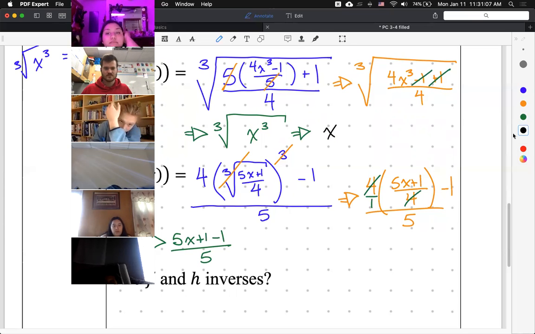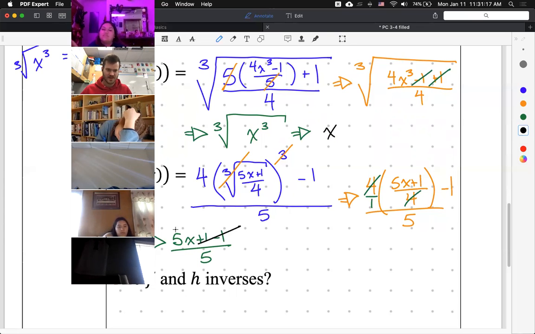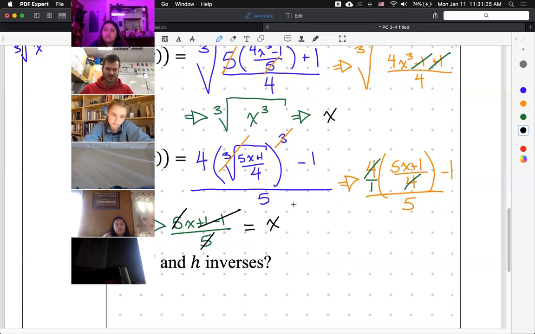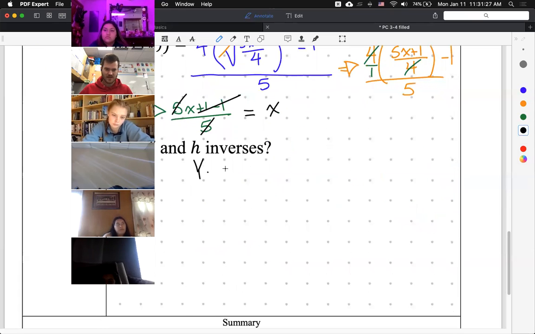And once you hit this point, I'm guessing a lot of people have the mental math capacity to say, oh yeah, minus 1 plus 1, those are gone. And 5x divided by 5, that immediately is just x. The 5s and 5s cancel each other out. And we get x. And because both of these turn into x, you can answer yes. f and h are indeed inverses.